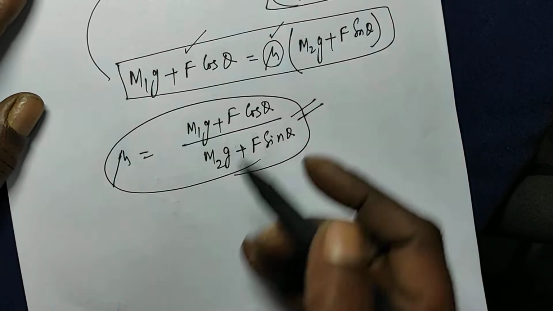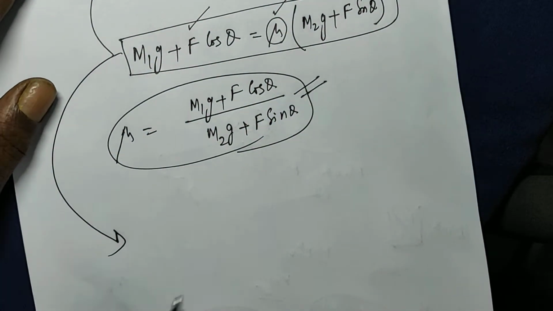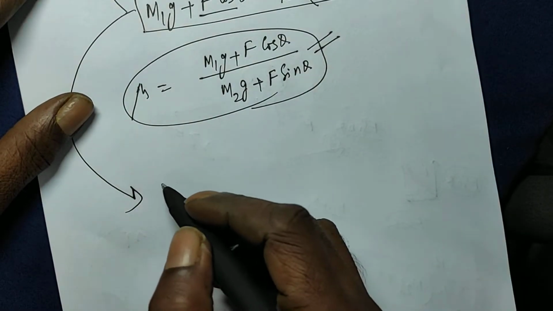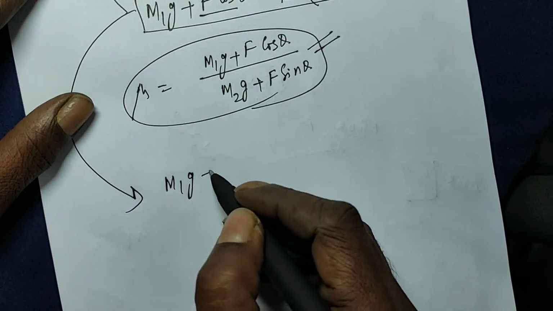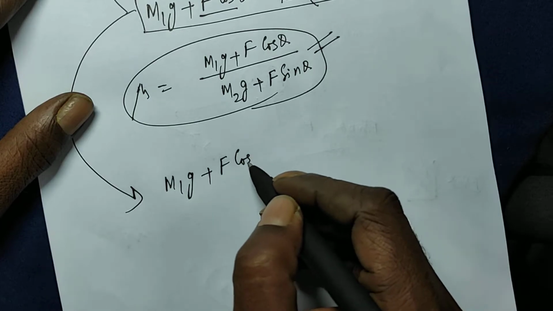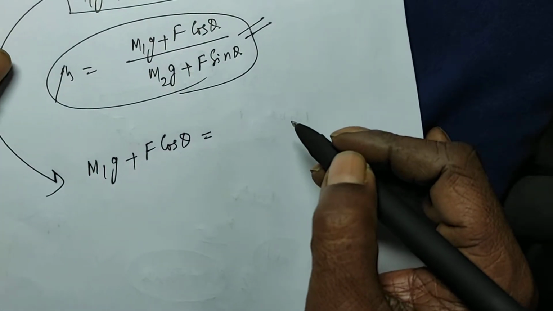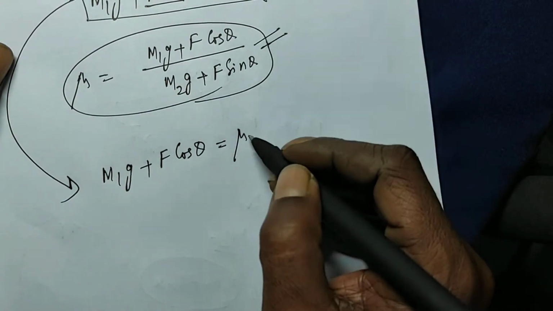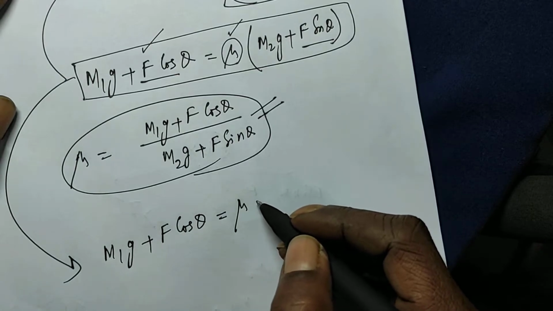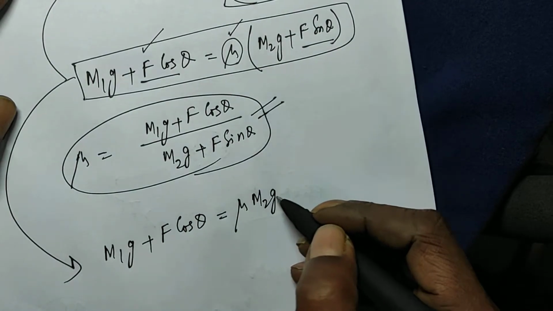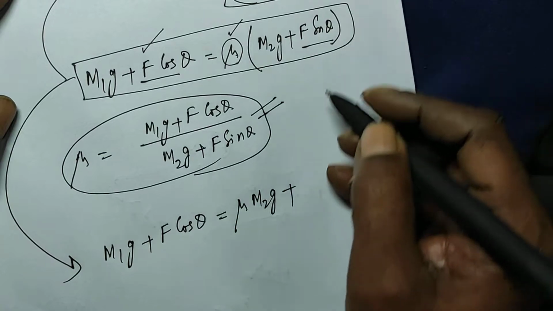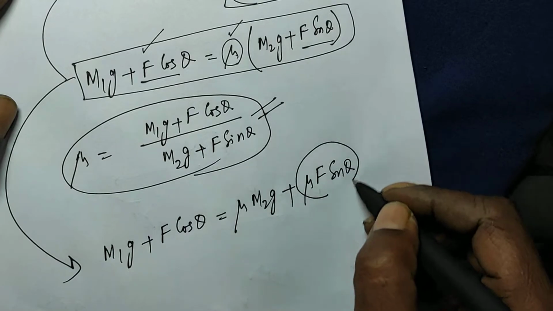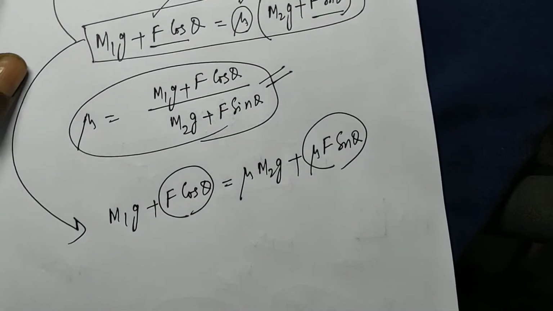So from the same expression here, now look, there is F here, there is F here. So you have to bring them to one side. So m1g plus F of cos theta will be equal to, if I multiply mu, m2g plus mu F sin theta, there is a F term here, there is a F term here.